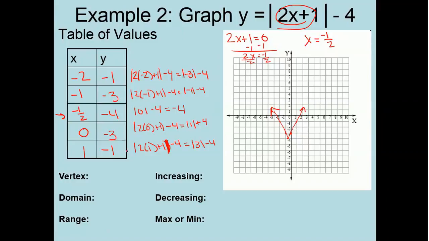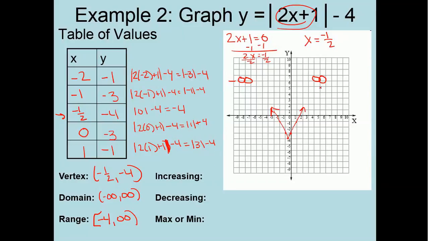So my vertex is negative 1/2, negative 4, middle of my table. My domain, fill in my values here. Well, it looks like I'm going from negative infinity to positive infinity. What about my range? Starting at negative 4, and then I'm going forever going upwards. What about increasing?